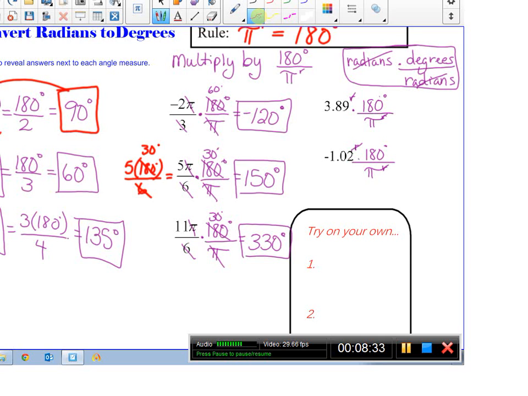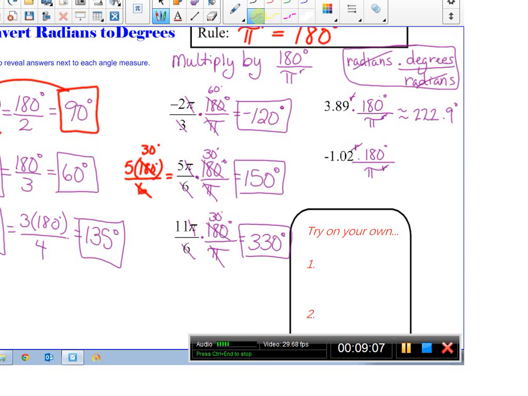So now you literally have to type 3.89 into your calculator times 180 divided by, and pi is right above that caret underneath the clear button. So second pi, so 3.89 times 180 divided by pi gives us approximately 222.9 degrees.